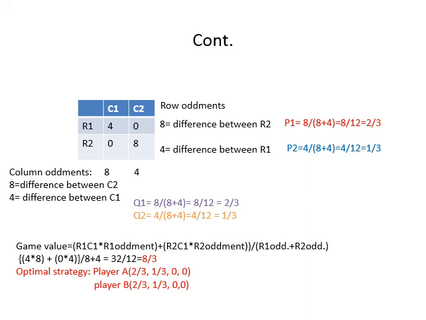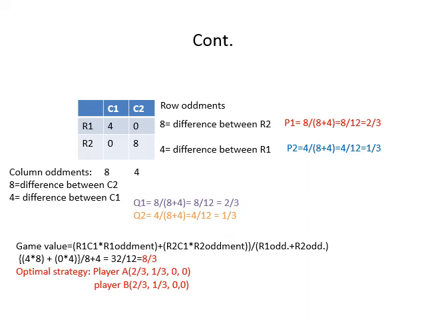The columns odd means: the odd means of C1 equals the difference of C2, 8 minus 0 equal 8, and the odd means of C2 equal the difference of C1, 4 minus 0 equal 4.